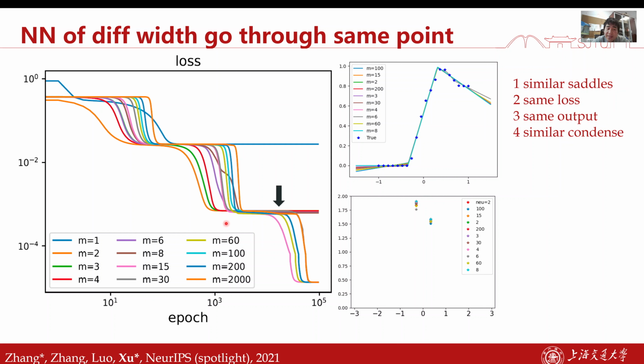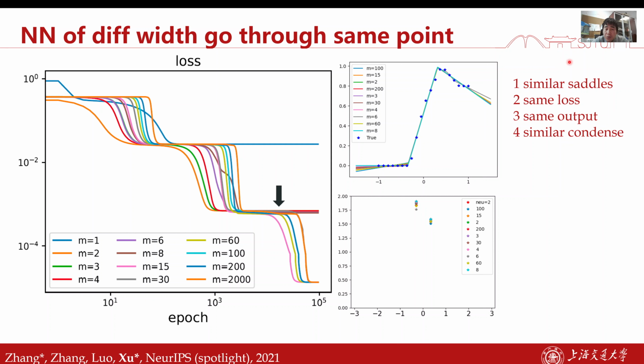And in this plateau, the gradients are very small, right? If gradients are very small, in the limit case, zero gradient, that is the critical point. So they have very similar critical points. And because the networks can escape these critical points, highly possibly these are saddle points.